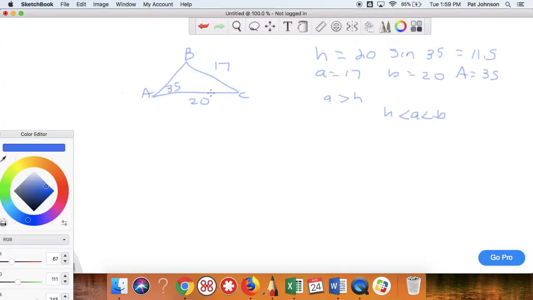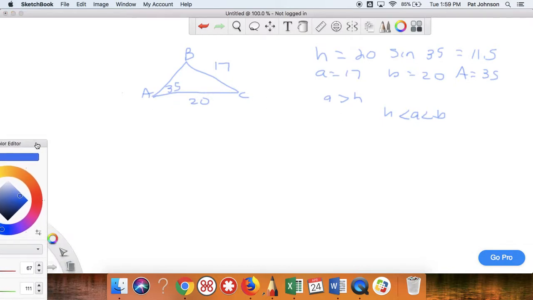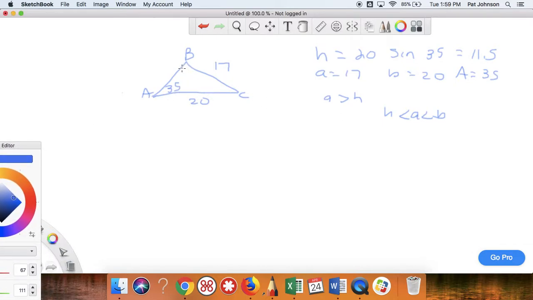The first thing is we're going to use the law of sines. We're given little b for the acute angle of angle B. So we take sine of 35, which is given, divided by its side, equals sine of capital B over 20.